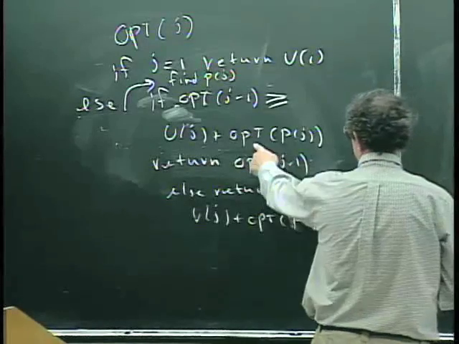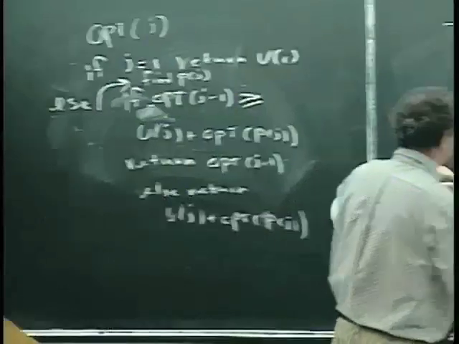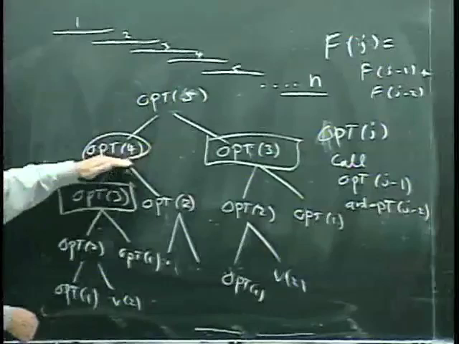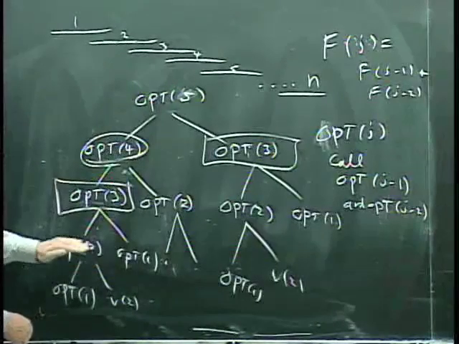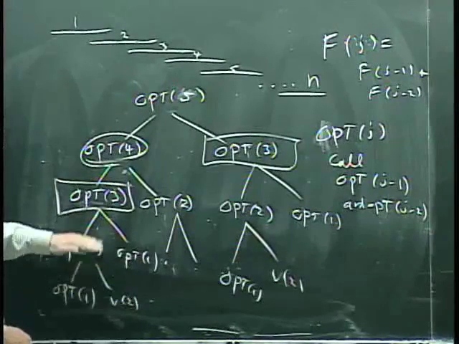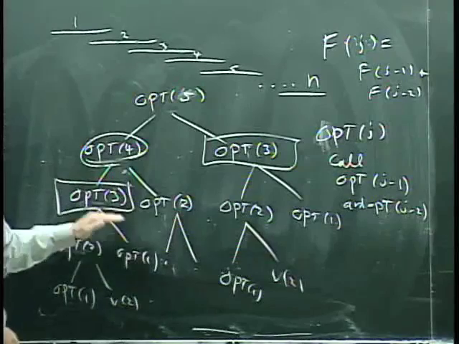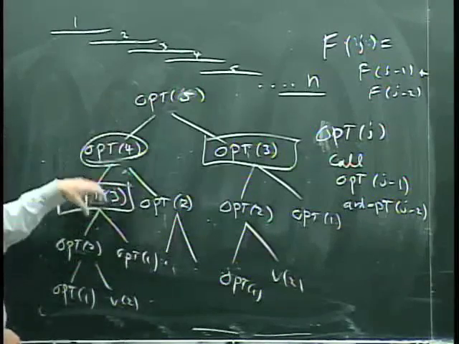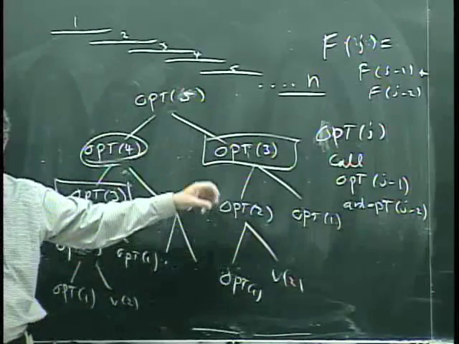So opt5 would call opt4, opt4 will call opt3, opt3 will call opt2, opt2 calls opt1, pop back up here, do that, get the answer, pop up there, do that, and so on. So you're going to do a depth first traversal of the recursive calls.